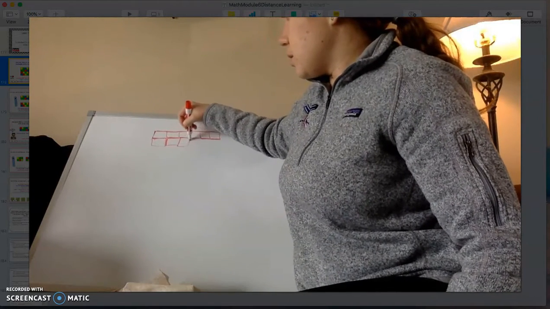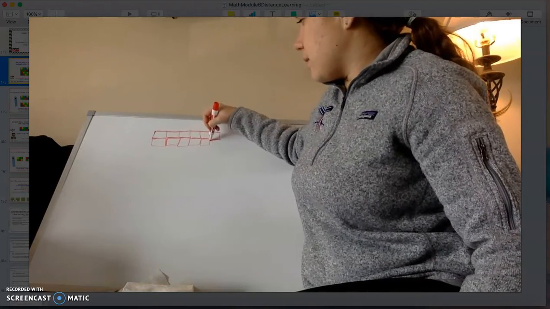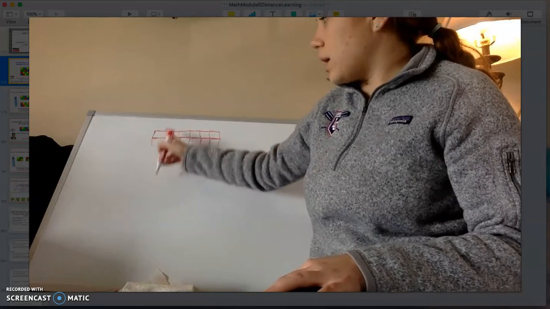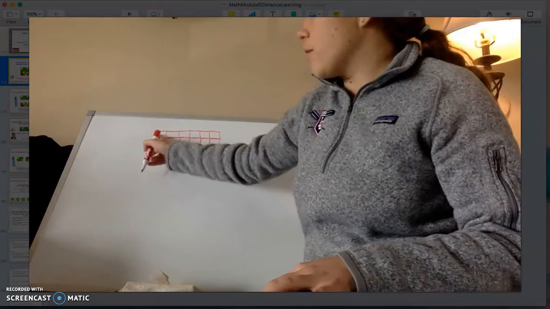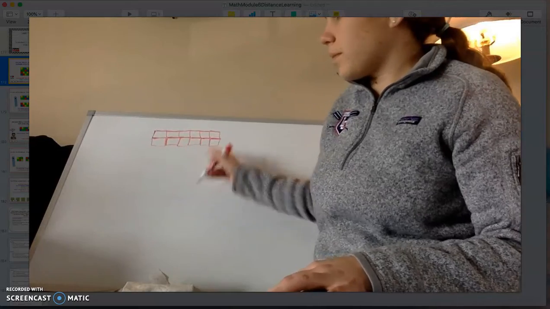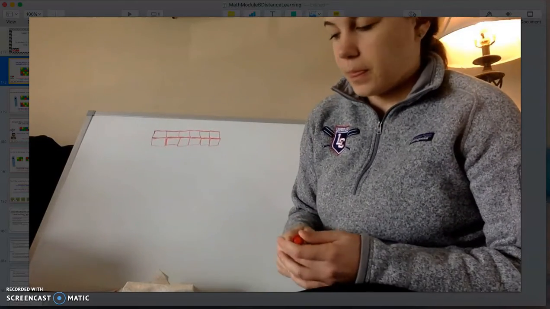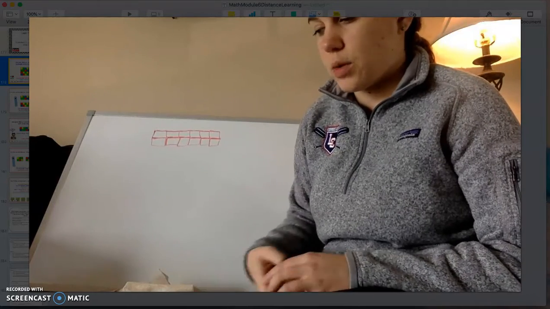2, 3, 4, 5, 6. So we have now 6 columns, 1, 2, 3, 4, 5, 6 of 2. So how many tiles do we have? Let's do our repeated addition sentence to show our answer.